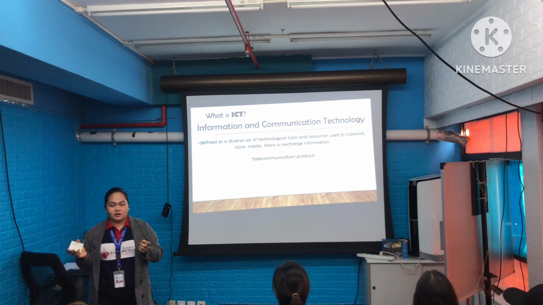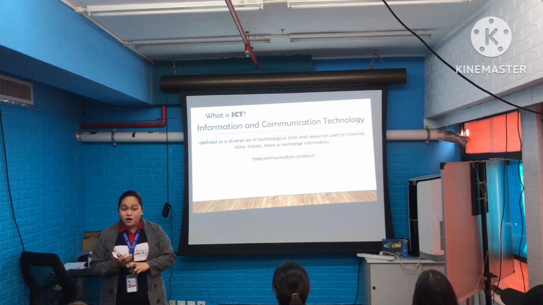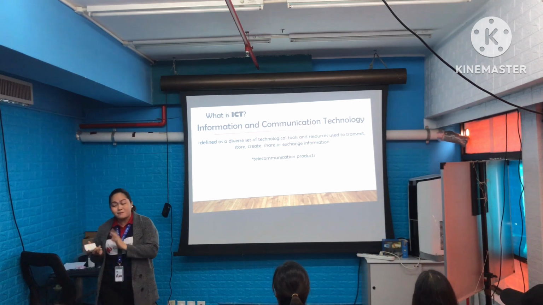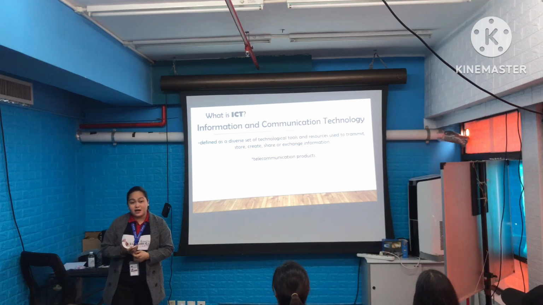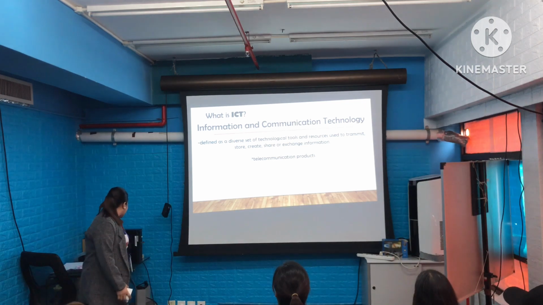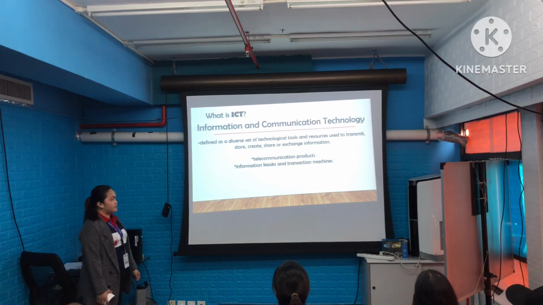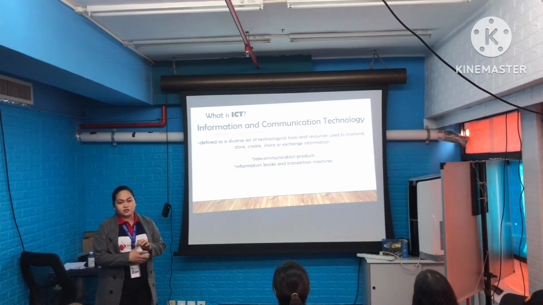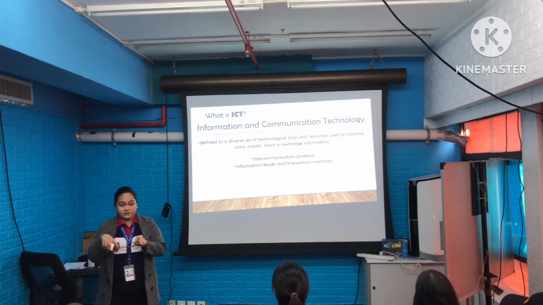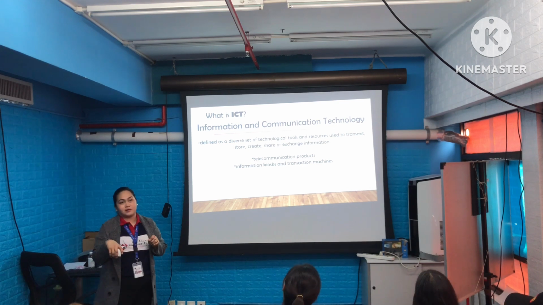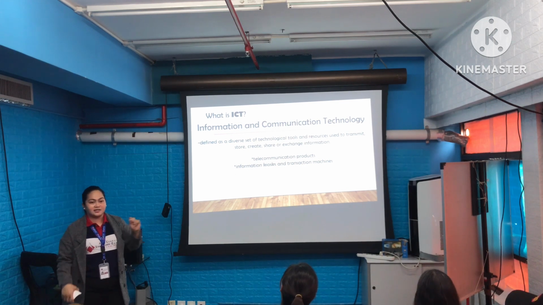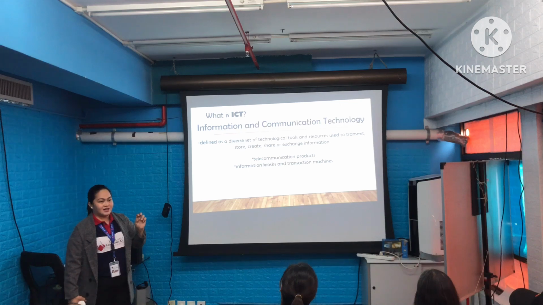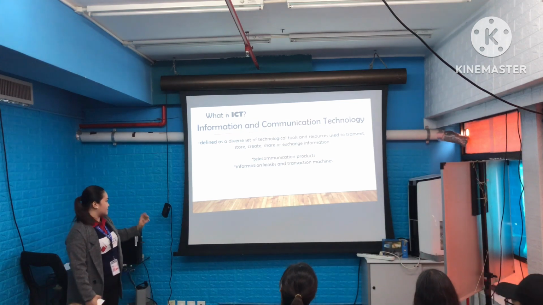Maybe cell phone, mobile, telegraph. Another example is information kiosk and other transaction machines. A kiosk means a board, a bulletin board. For example, when you're in McDonald's, you will see the order machine. It's a monitor.